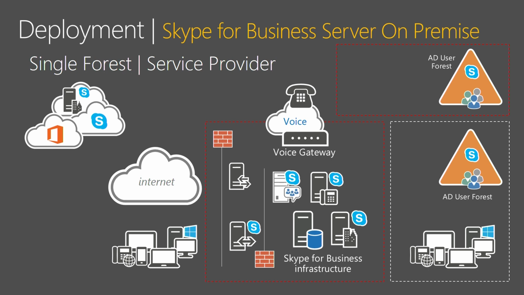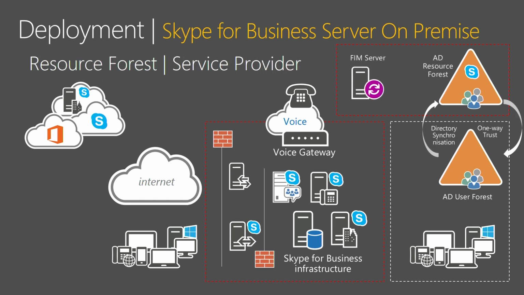Why would people go into this mode? Because up to probably a couple of weeks ago, we were saying that in a resource forest deployment, we would not allow the service provider to deploy hybrid. As we say, hybrid is a foundation for all the online services.